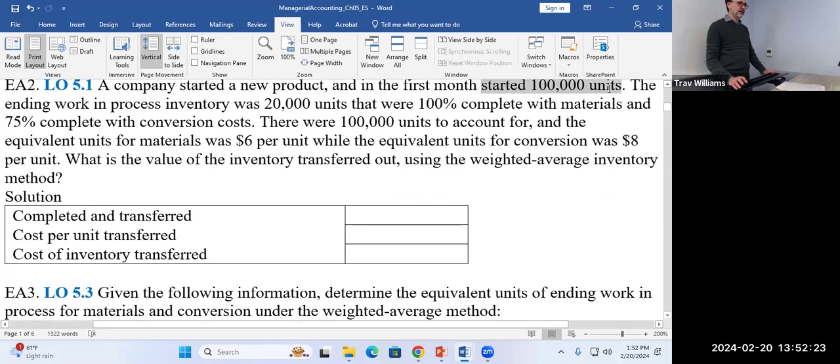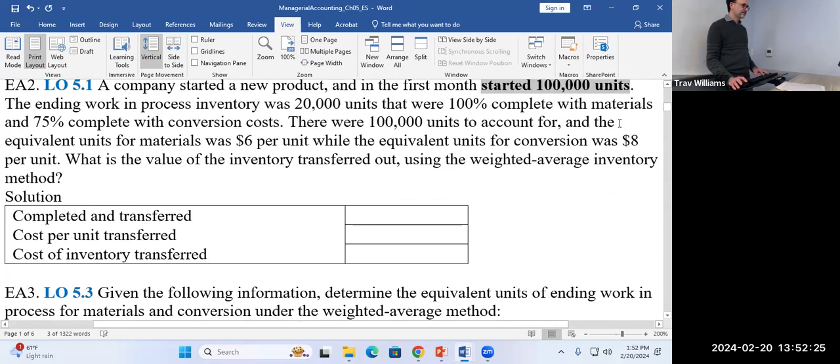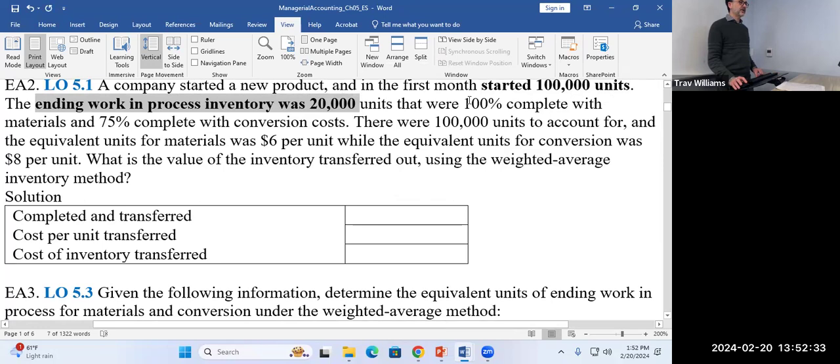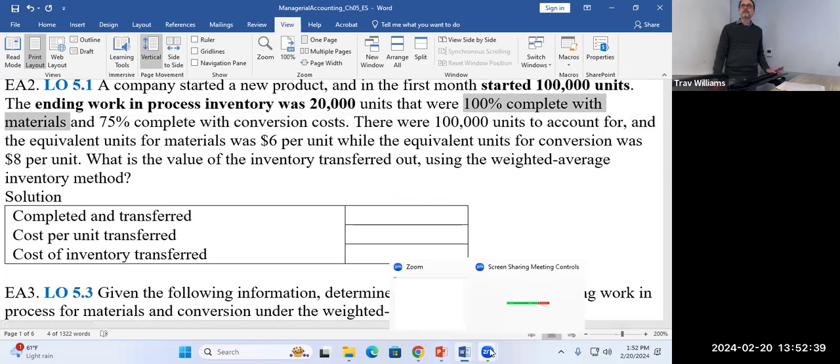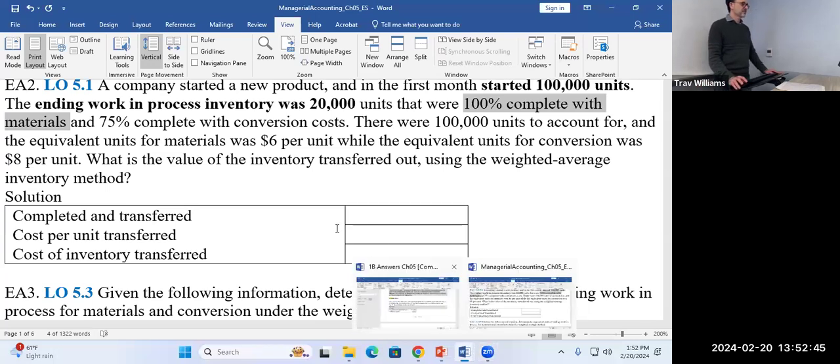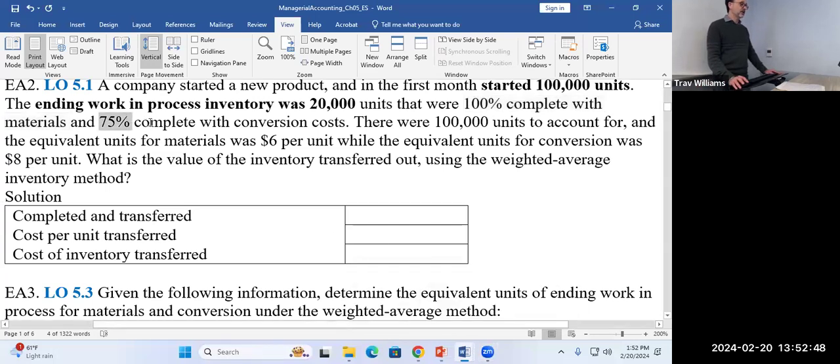So they started making 100,000 units. The ending work in process inventory was 20,000 units. Now, notice it says that we're 100% complete with materials. Again, it's always going to be 100% complete in terms of materials, so just ignore that. What we do need to know is 75% complete with conversion costs. That's important.